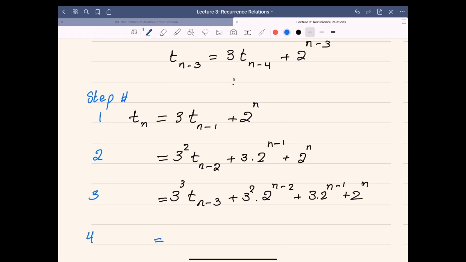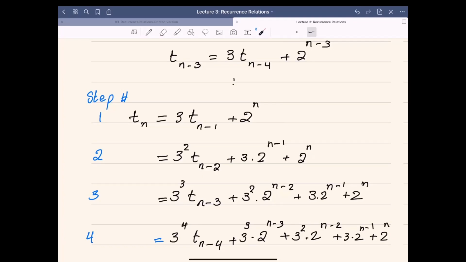For step number 4, we will have 3 to the power 3 multiplied by the equation of Tn minus 3. So we will have 3 to the power 4 Tn minus 4 plus 3 to the power 3 multiplied by 2 to the power n minus 3, plus 3 square times 2 to the power n minus 2, plus 3 times 2 to the power n minus 1, plus 2 to the power n.